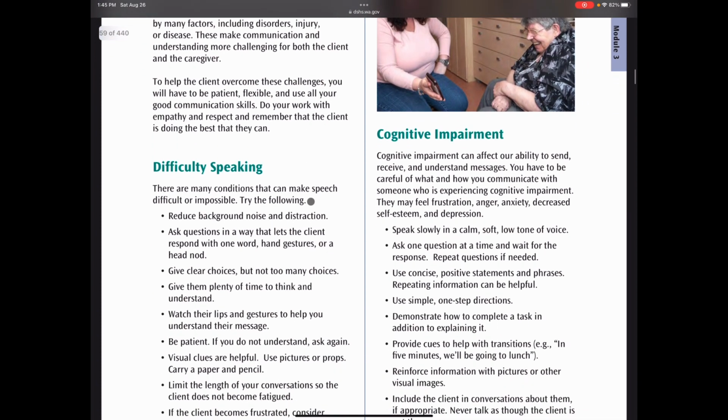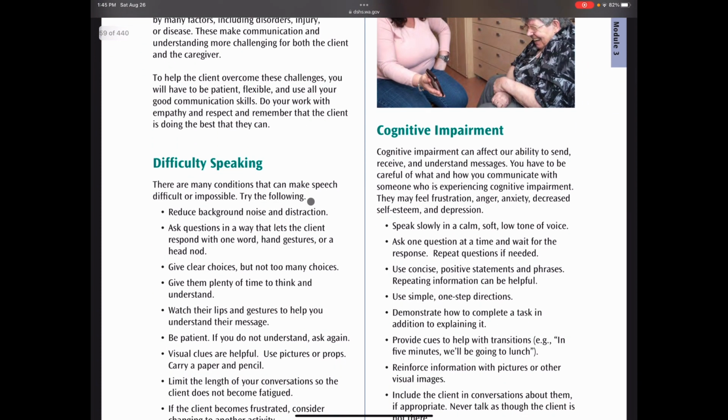There are many conditions that can make speech difficult or impossible. So when we are working, if communication is difficult, we have to reduce the background noise or distraction as much as possible, and ask questions in a way that lets the client respond with one word or hand gesture or head nod.